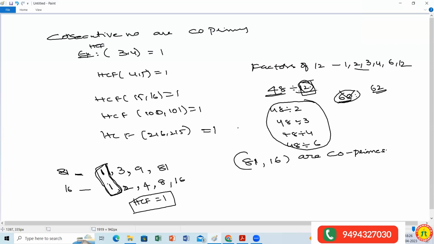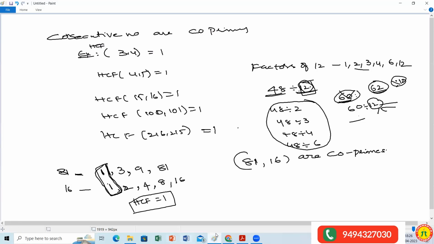You have to check. If 62 is not divisible by 12, it is not covered here. Suppose the number 60 is divisible by 12, then the factors of 12 also divide that number.